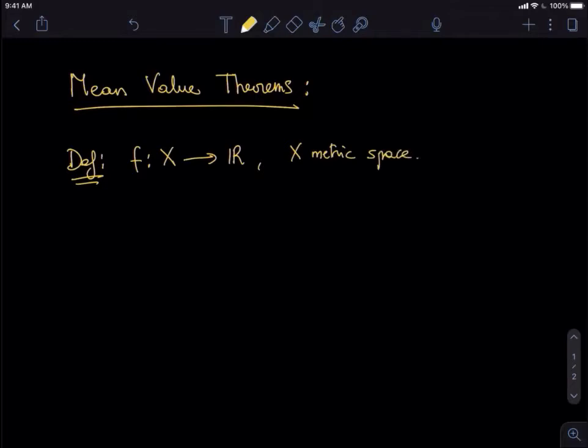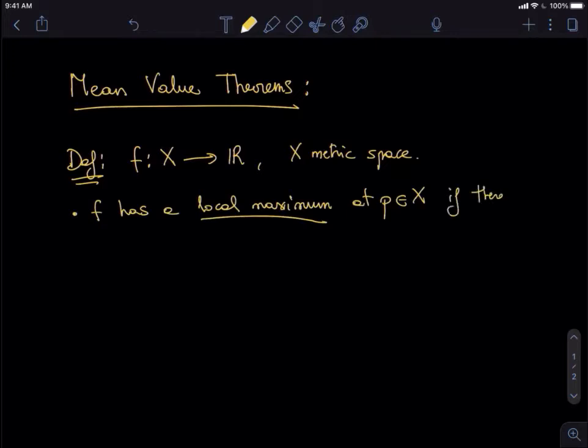And we will say that f has a local maximum at a given point P in X if there exists a neighborhood delta positive such that the function is smaller everywhere around that point P.